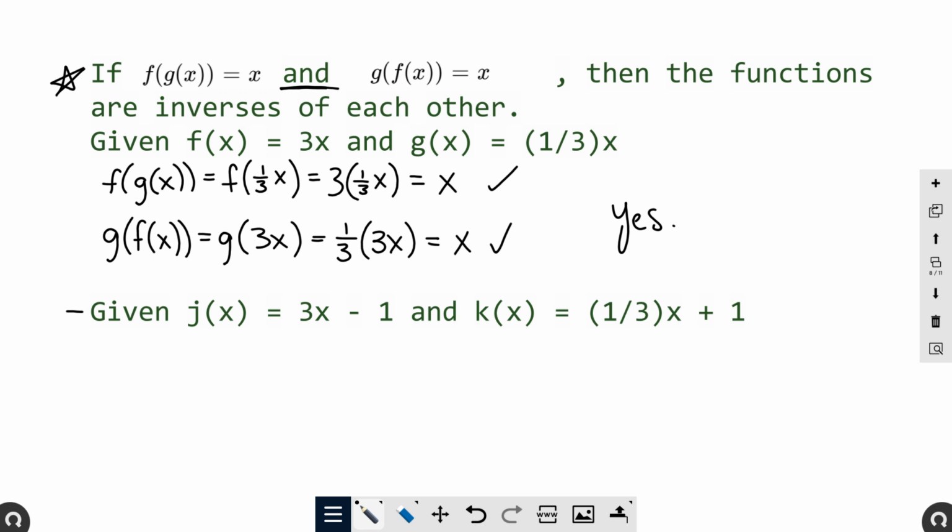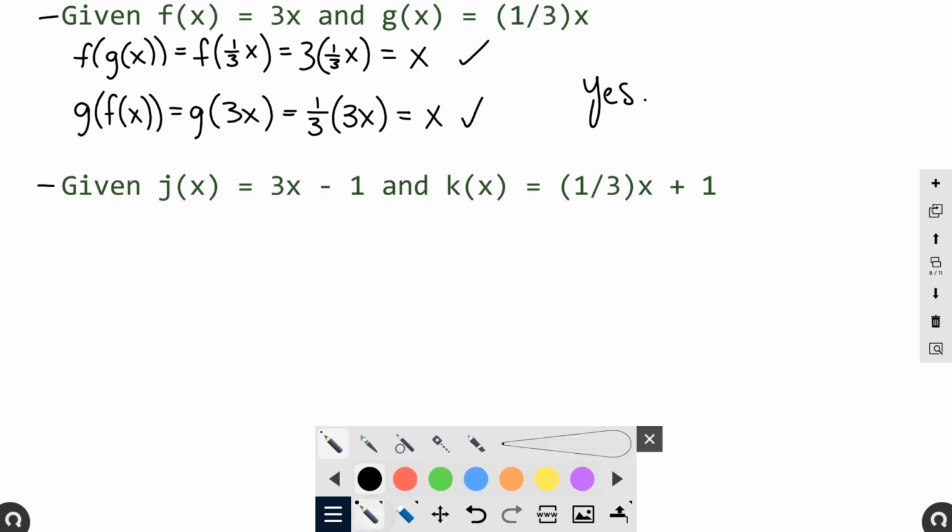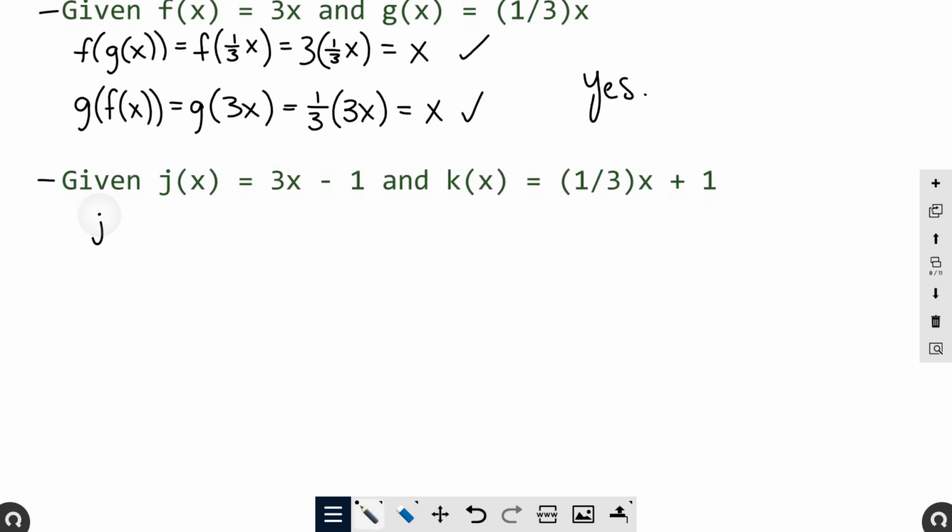All right, let's look at our second problem here. Now we're given j and k, but we still set it up the same way. Do j of k of x. So plug one function into the other. So this would be j of 1/3 x plus 1.